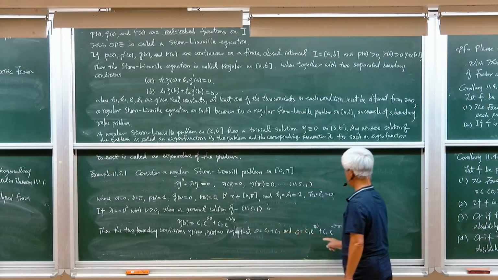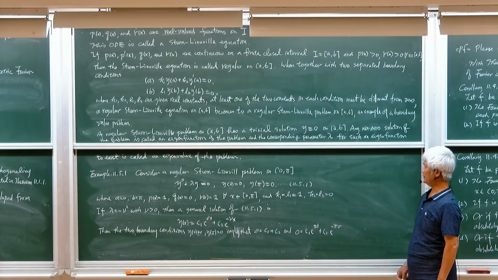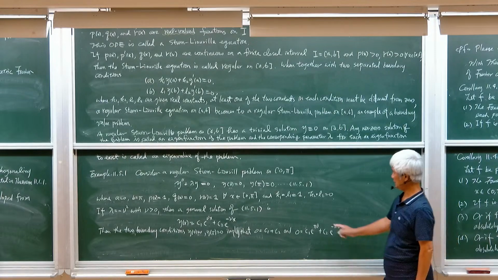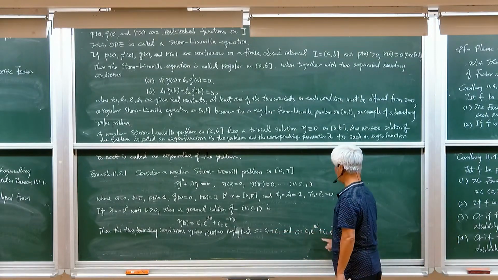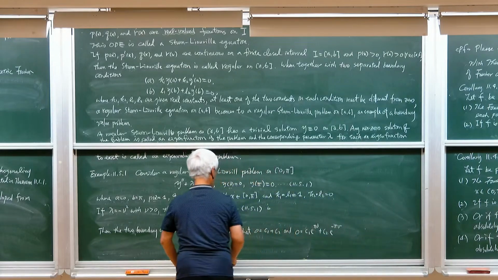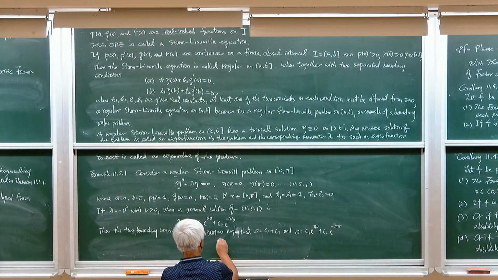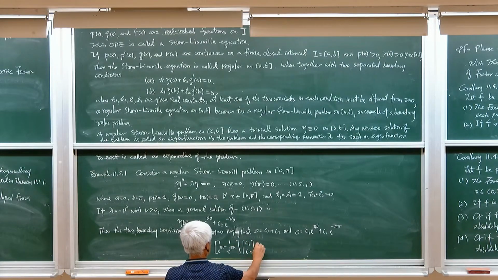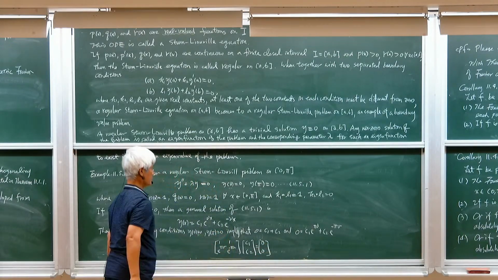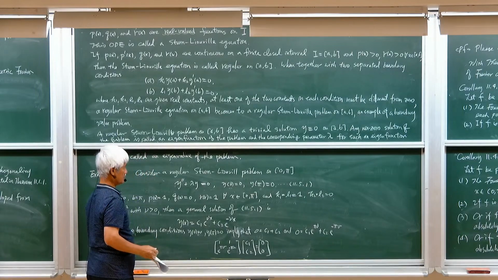So we have two linear equations with two unknowns c1 and c2, which form a system of linear equations.